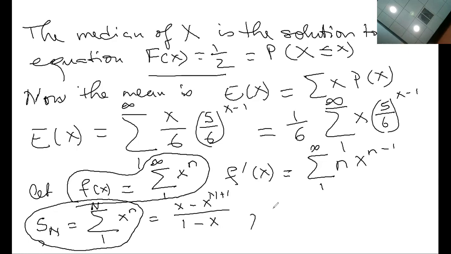So we will say that f of x is equal to the limit as n tends to infinity of Sn. Does it make some sense to you? F of x is the limit of Sn as n tends to infinity. Does it make sense to you in your own understanding?